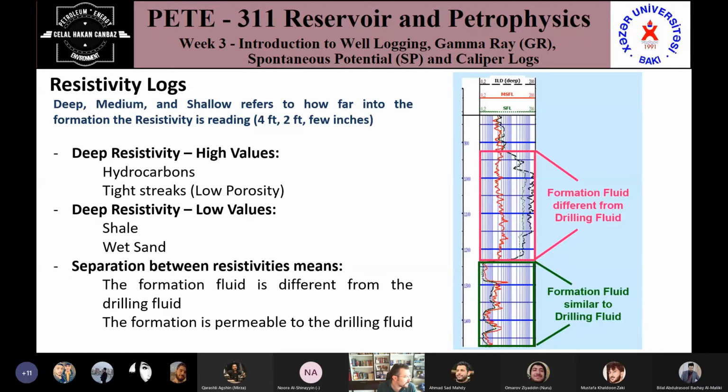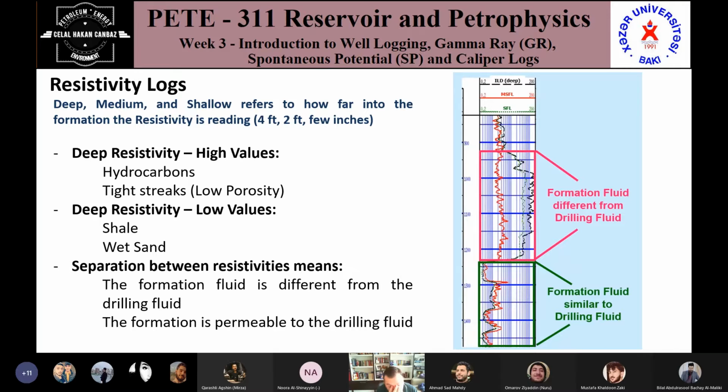For example, if you want to understand the effect of your mud cake and the invasion zone, the levels and the measurements of your invasion zone, you can use the shallow resistivity.